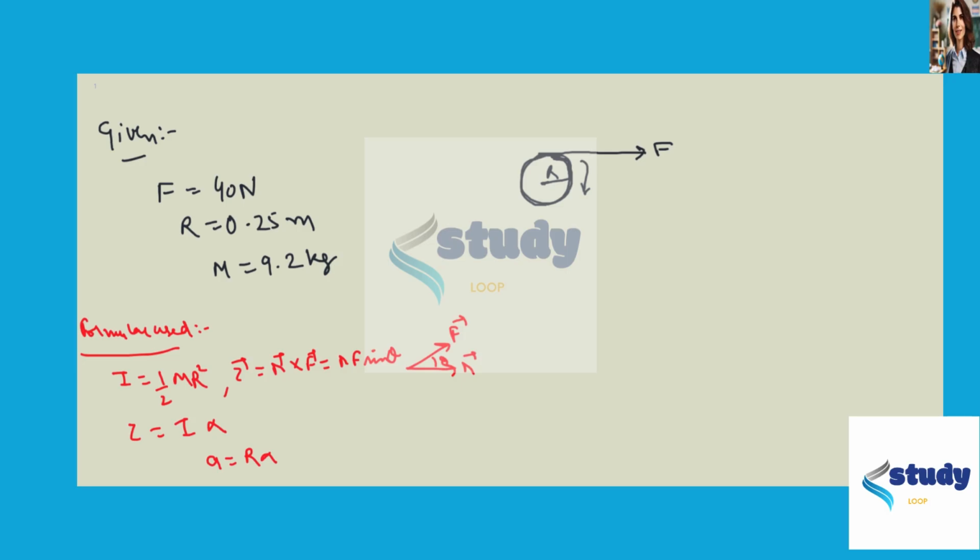So we have the torque produced by this force on this rim of the wheel, which equals R F sine theta. Simply taking the magnitude, since both are acting perpendicular, we don't need to care about the angle here. So torque equals R F, which equals 0.25 times 40.